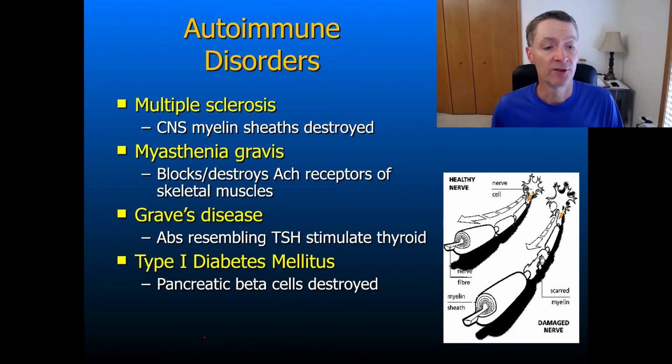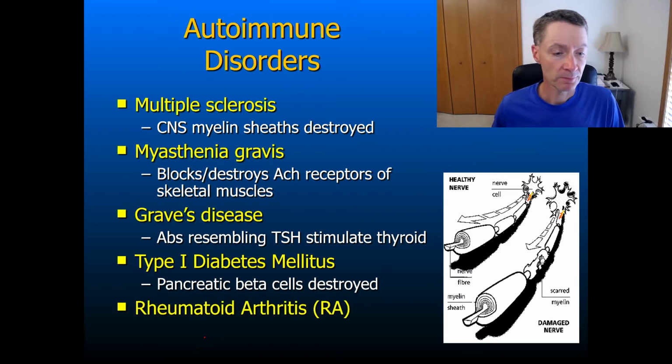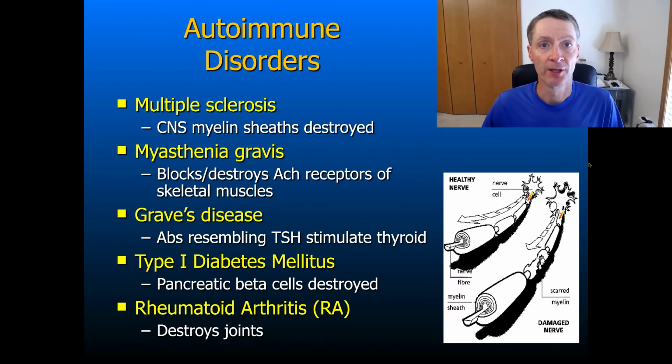Type 1 diabetes, antibodies are knocking out the beta cells, the pancreas cells that make insulin. And of course, rheumatoid arthritis, where literally certain cells of the synovial joints have proteins that antibodies are made to destroy.